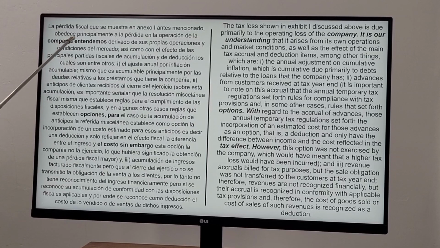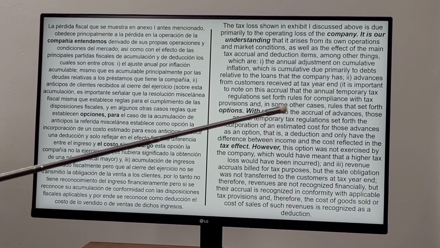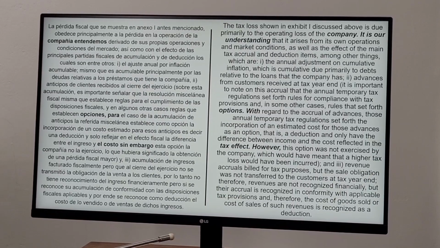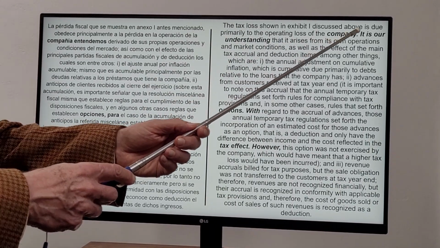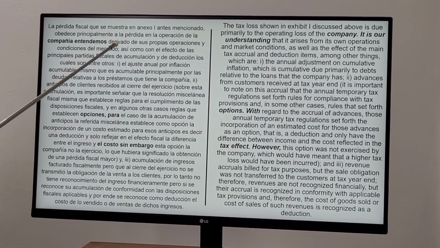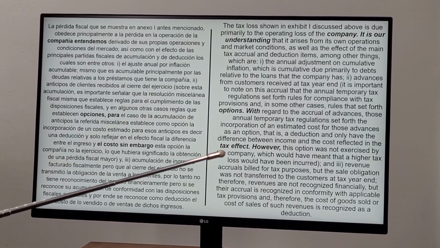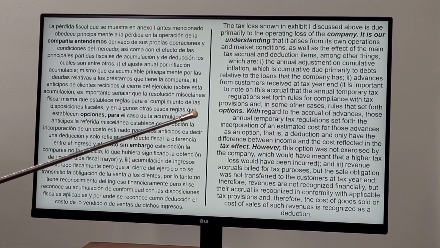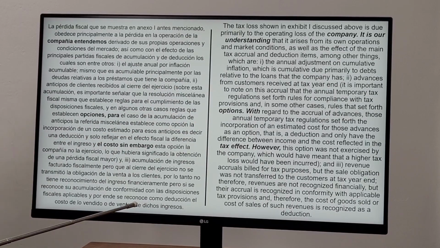Now you notice here in the source language, between compañía and entendemos, there is no punctuation of any kind at all. Since we have decided to stop right here and start our next sentence, we look at the next part, entendemos, and the word following is derivado, which gives me very little to work with for the translation process.